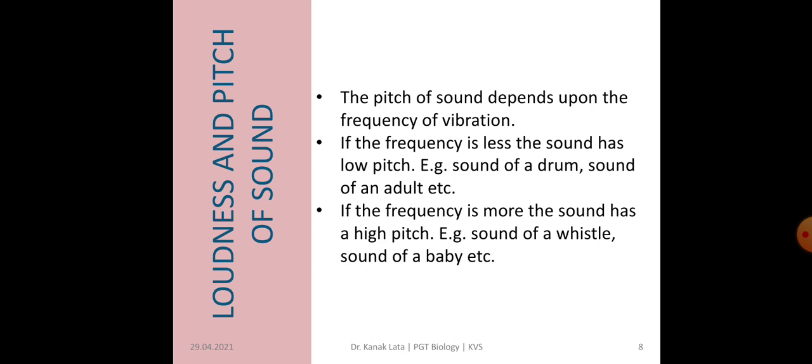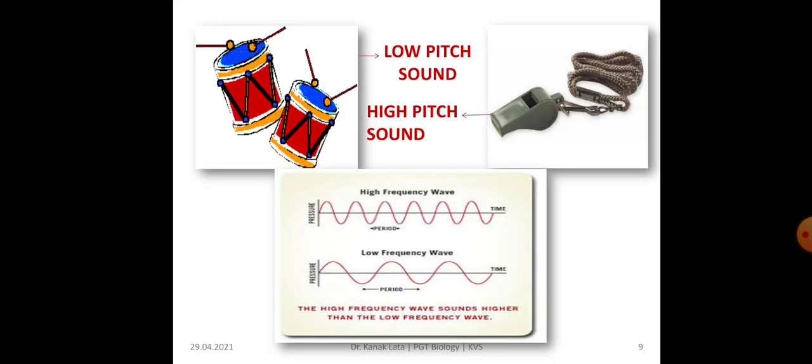For example, the sound of a drum is of low pitch, and the sound of an adult is also low pitch. But the sound of a whistle and the sound of a baby have high pitch. In the given figure, you may visualize low pitch sound produced by a drum and high pitch sound produced by a whistle.